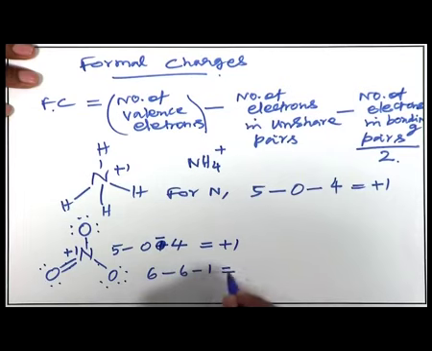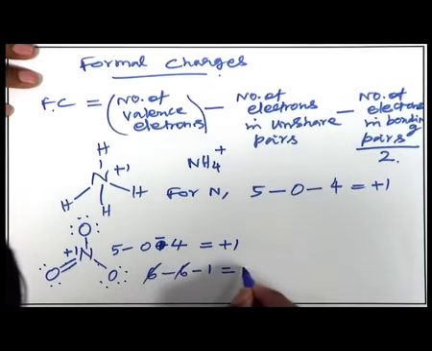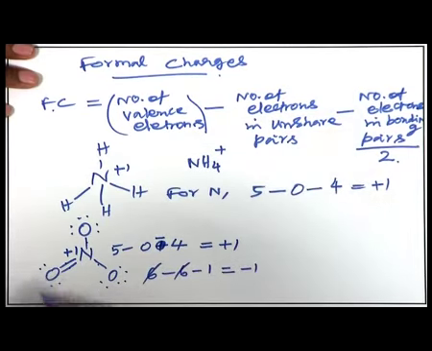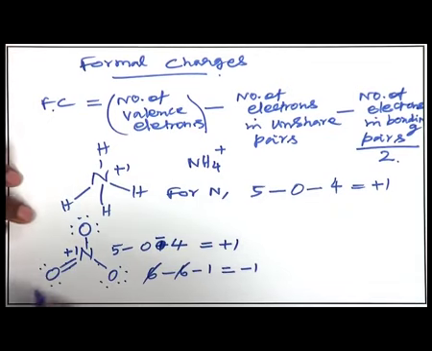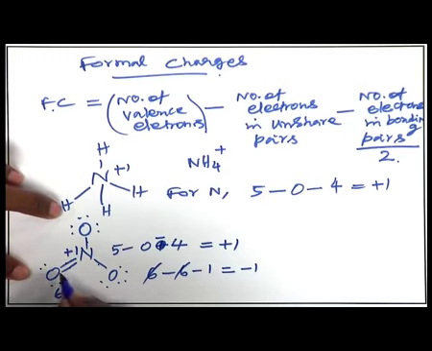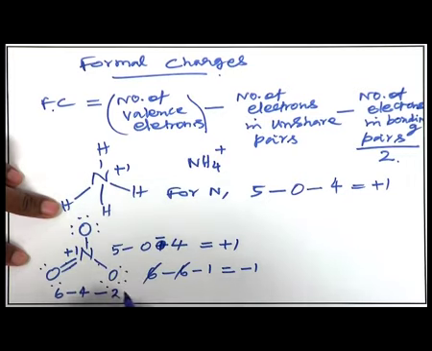So 6 minus 6 minus 1 equals -1. Similarly, for this oxygen atom, it is 6 minus the lone pair electrons, 1, 2, 3, 4, so 4, minus the bonding electrons, these are 2 bonds, 4 electrons divided by 2, which is 2. It is equal to 0.